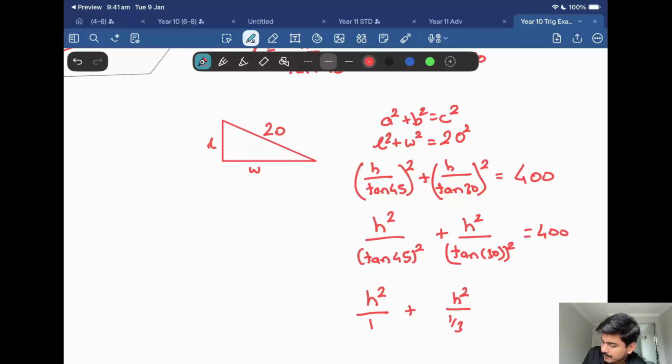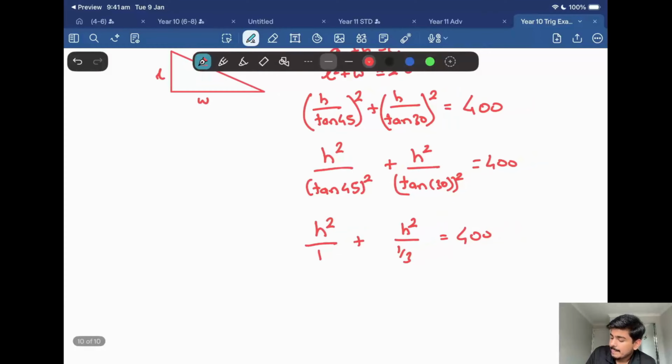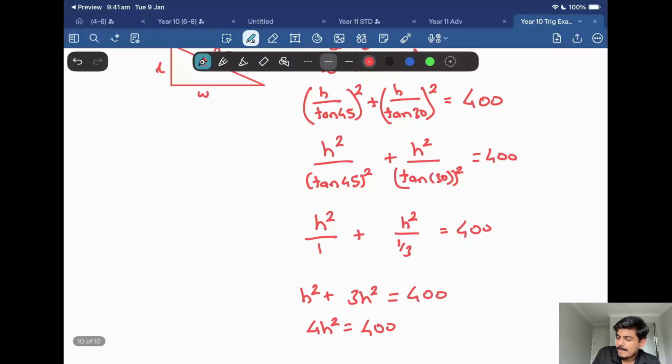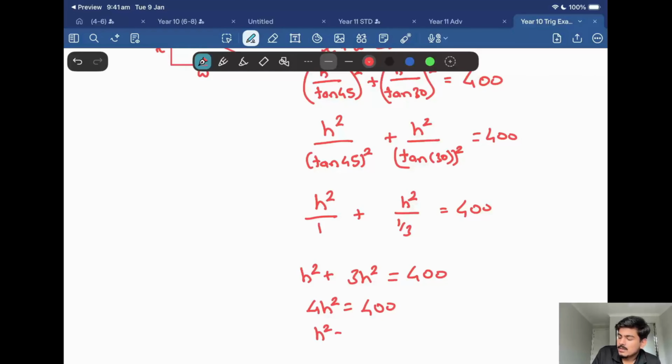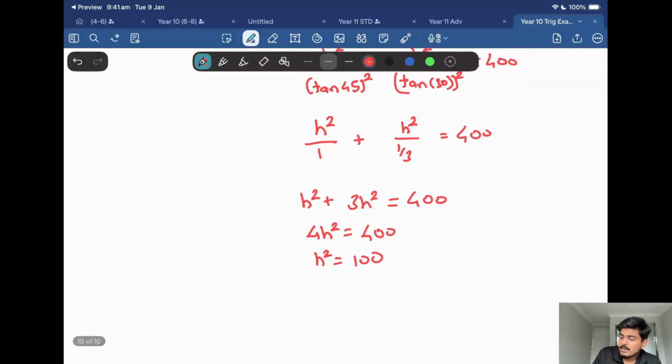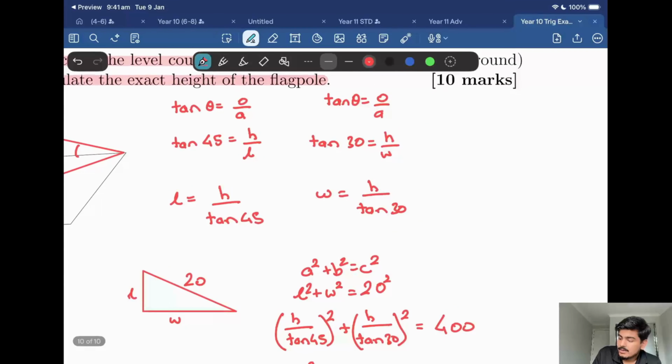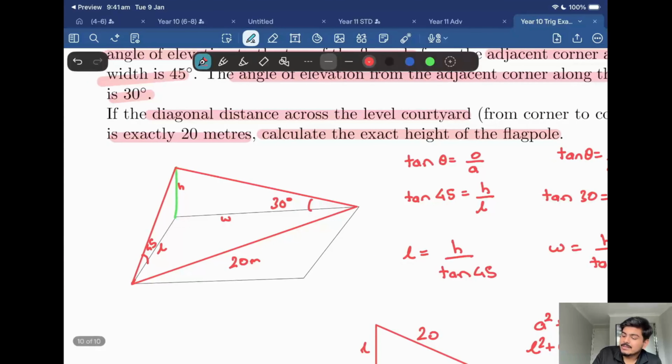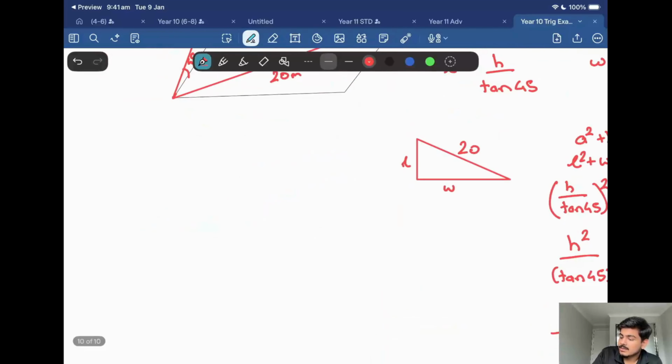Tan 30 squared is 0.33, so that's 1 over 3. So h squared over 1 over 3 is just 3h squared, remember reciprocals. So h squared plus 3h squared is 4h squared, equal to 400. So h squared is equal to 100, so the height is equal to 10. That gives us the height of the flagpole, which is 10 meters.